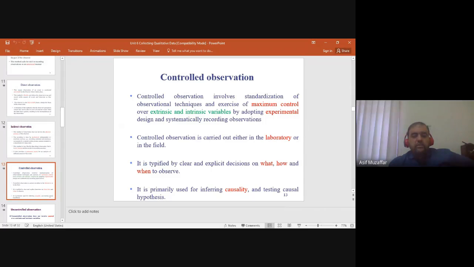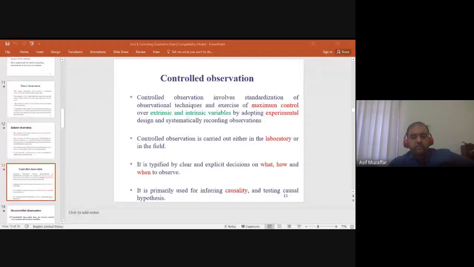Let's say there are two types of variables or factors which you can control or which are there in your experiment or some phenomena. These are extrinsic factors and intrinsic factors.